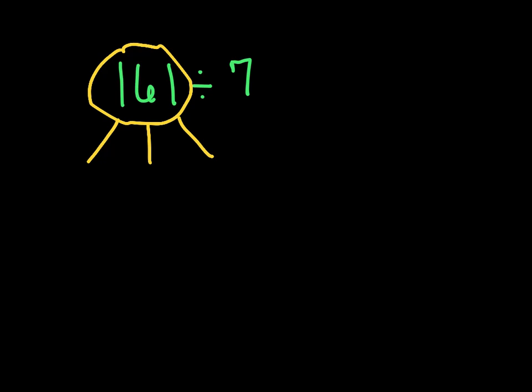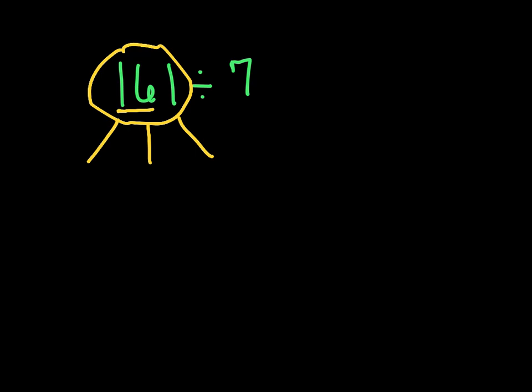When we look at 7, we have to ask how much can 7 go into, not just 100, but 160? Because if I take away the 1, that really is 160. So 7 times what gives me close to 160? Well, 140 is the closest I can get.